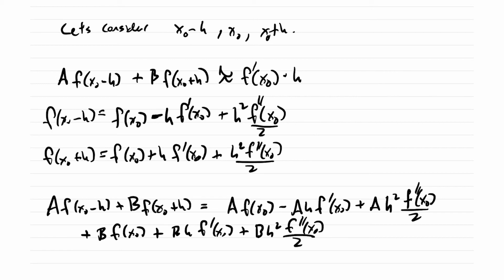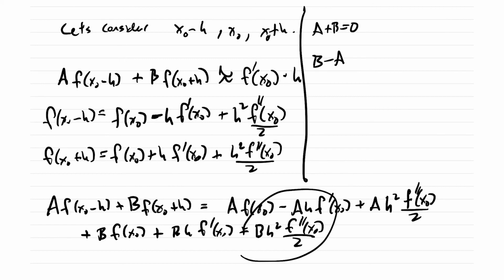Okay, so ultimately what we want is, if we combine like terms, the f of x naught term here, we want that to go away. We want only this term to really survive. So we want a plus b to be equal to 0. And then we want these other terms, b minus a, coming from these two, to be equal to 1.